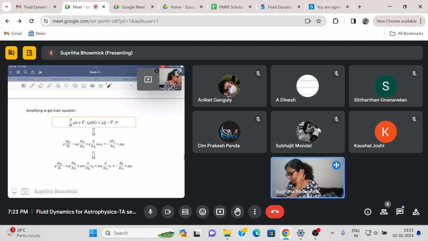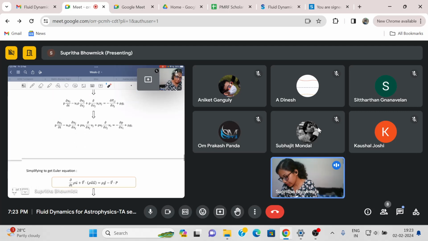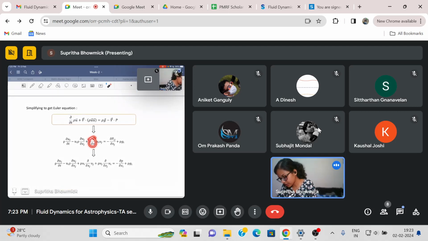In that case, this becomes del del xi of p because I have a delta ij that turns the j label into i. And once again, I can act the del del xj operator on ui uj to give me these two terms. Then I'll see that this term and this term cancel, in which case I'm left with this.